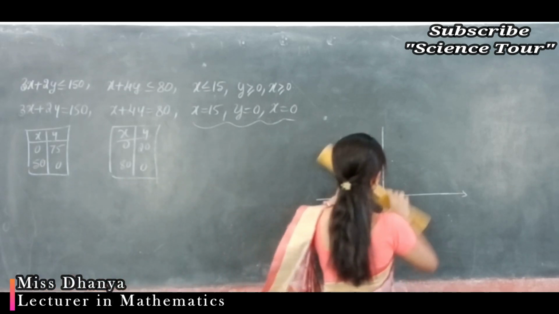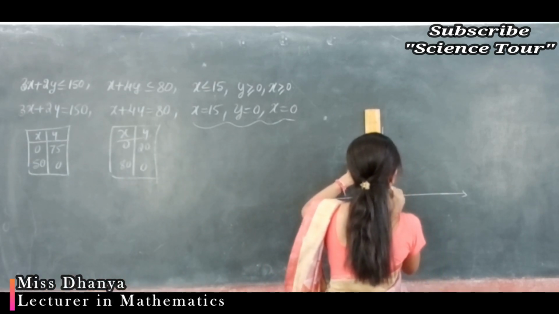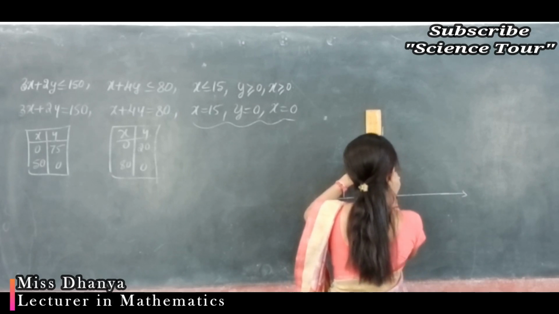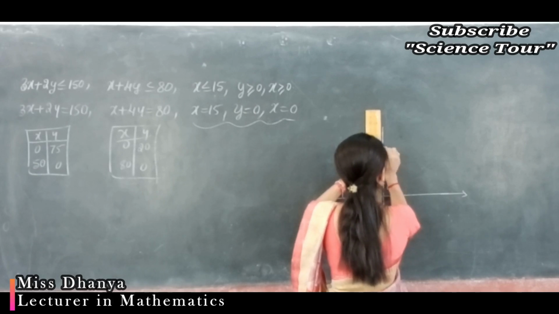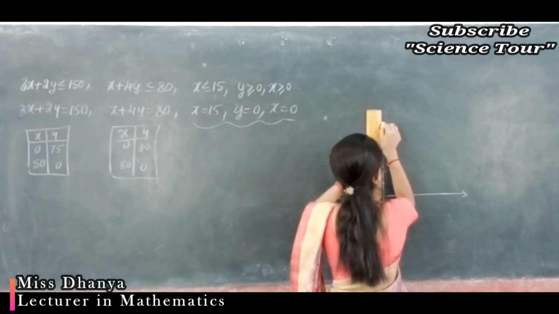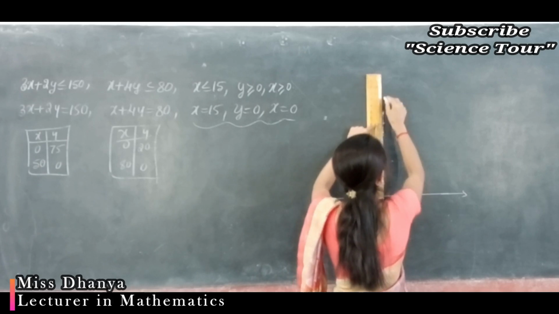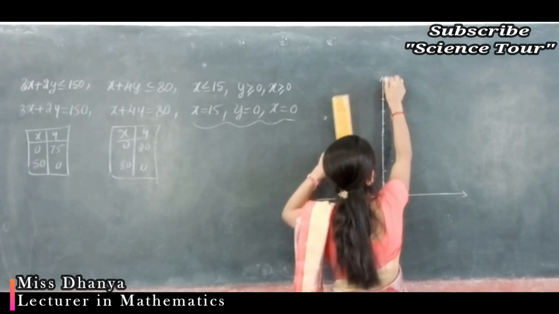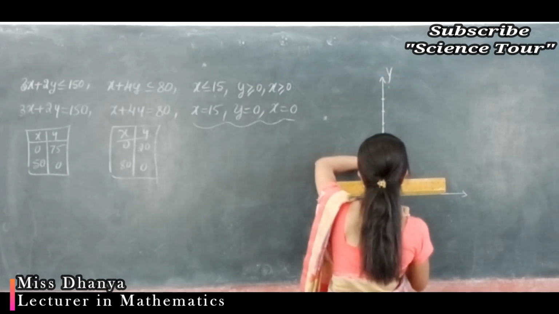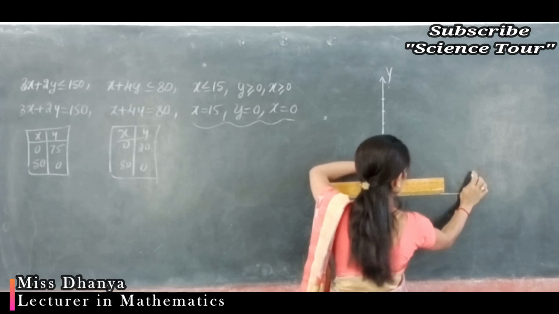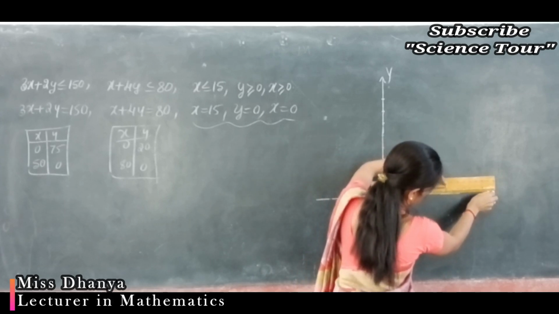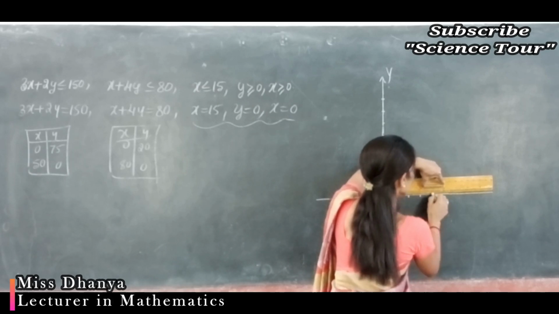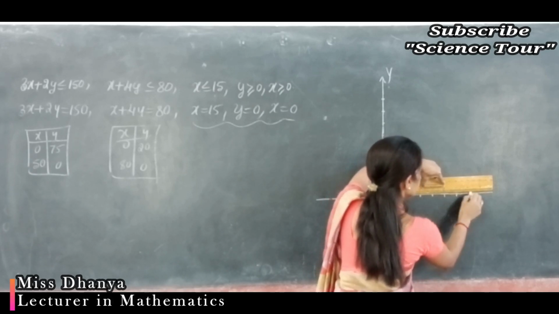On the y-axis maximum we need up to 75: 10, 20, 30, 40, 50, 60, 70, 80. And on the x-axis we need up to 80: 10, 20, 30, 40, 50, 60, 70, 80.